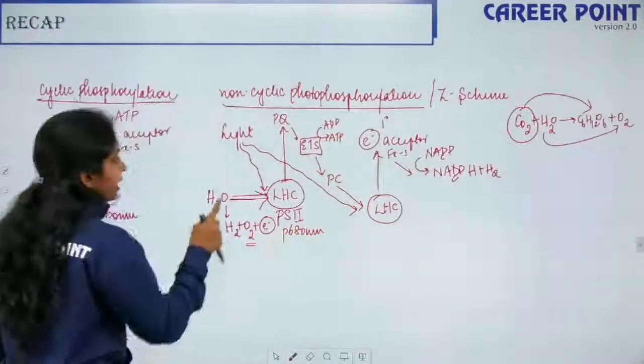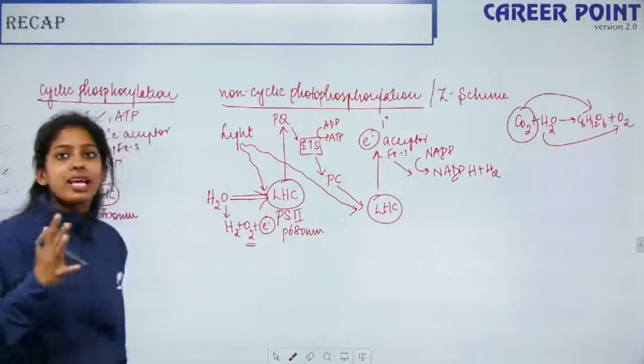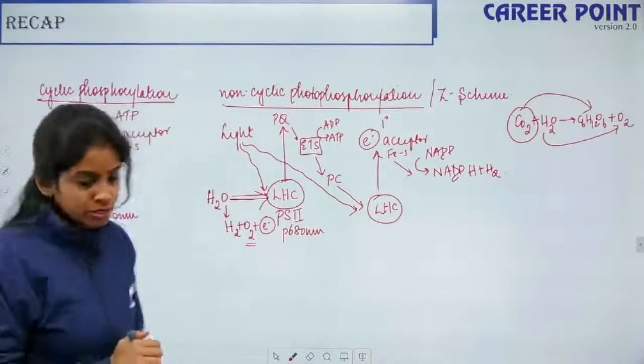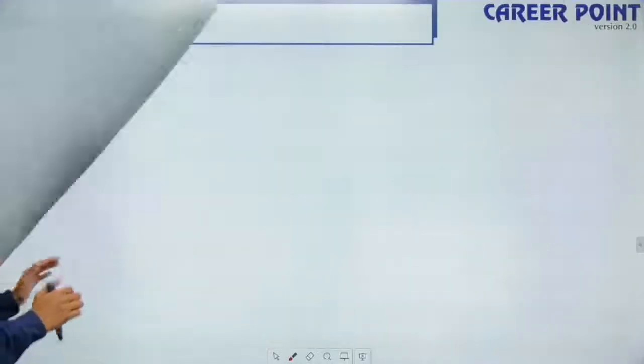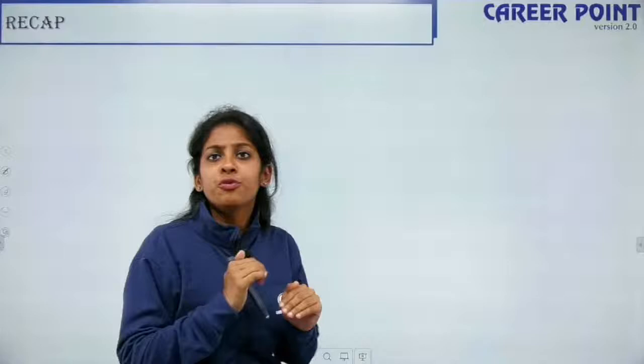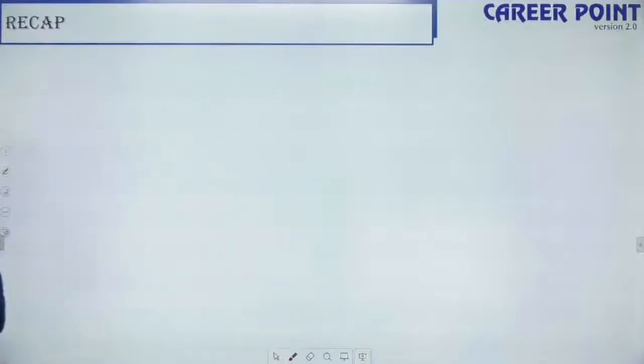Now when I said ATP is getting produced here, how is the ATP getting produced? That was the concept of the chemiosmotic hypothesis. This chemiosmotic hypothesis suggests that for the formation of ATP, there should be H plus ions.